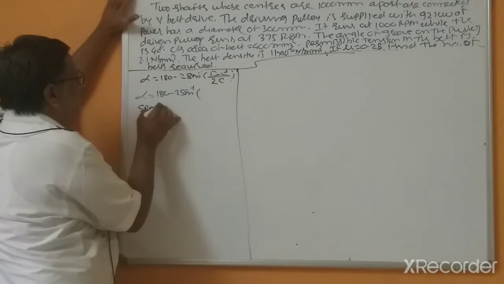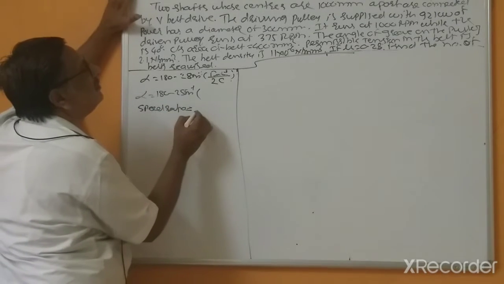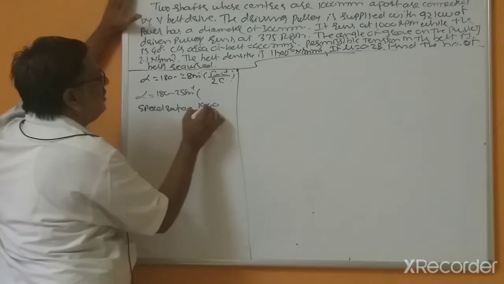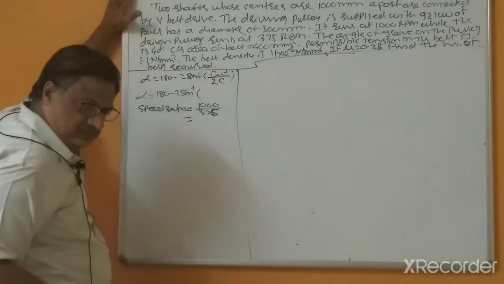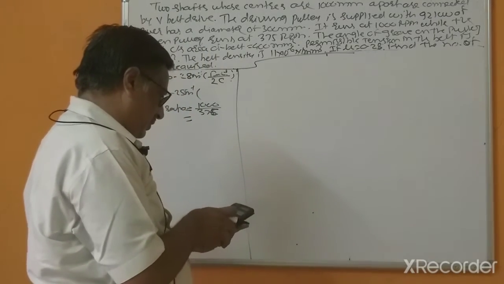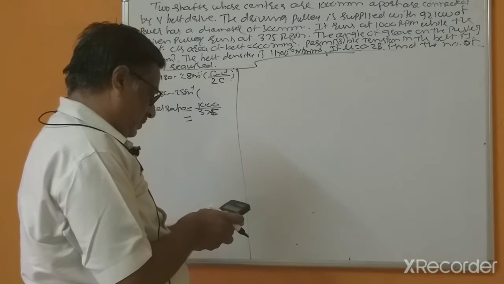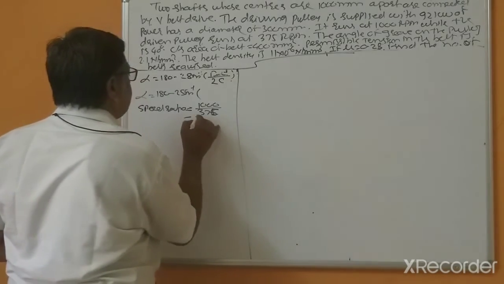First we will calculate the speed ratio. This is 1000 divided by 375, which is 2.66.